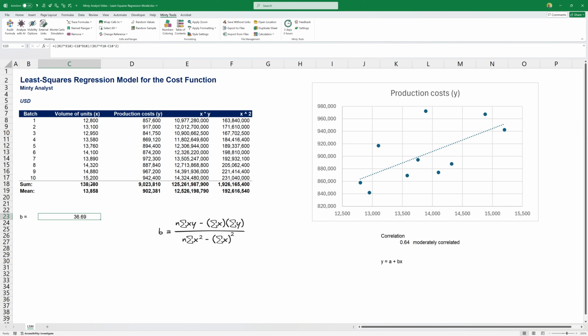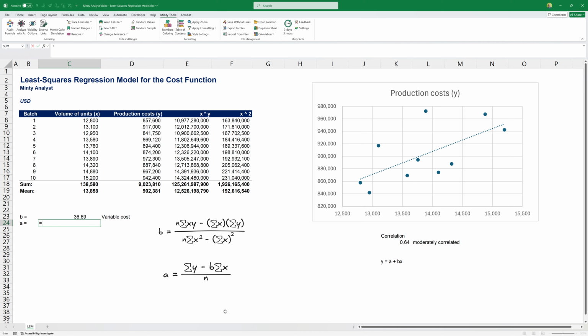Okay, and we get 36.69. So this is our b, or our variable cost. This is the incremental cost that's added for each additional unit of production. Then for a, we can use the other formula that we had.